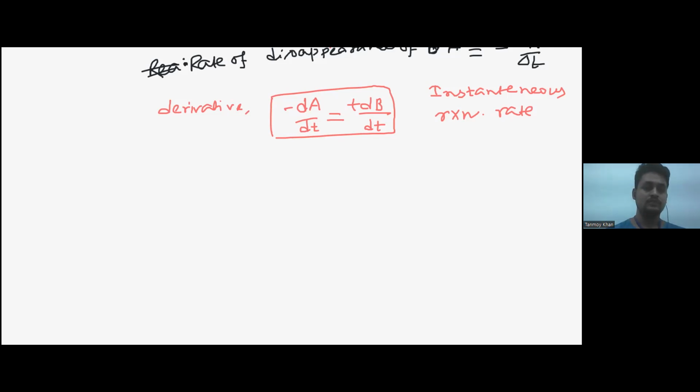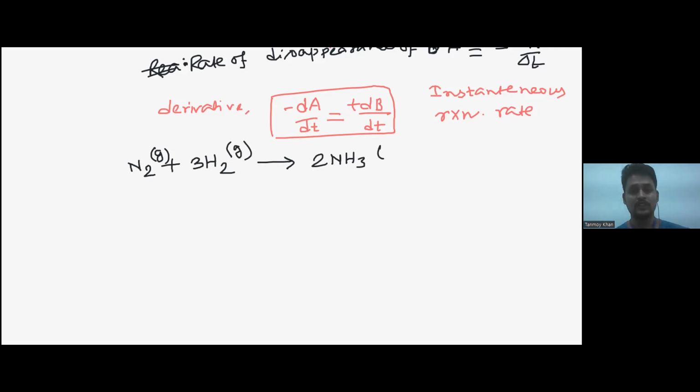Now let's take a real example: N2 plus 3H2 gives 2NH3. Nitrogen is in the gaseous phase, hydrogen is also in the gaseous phase, and ammonia is also in the gaseous phase.